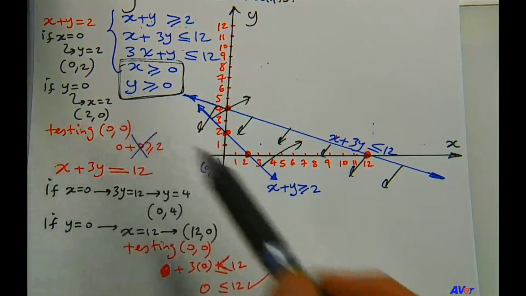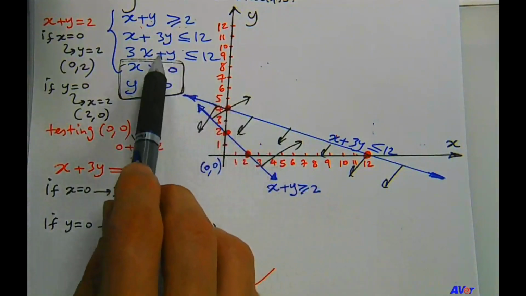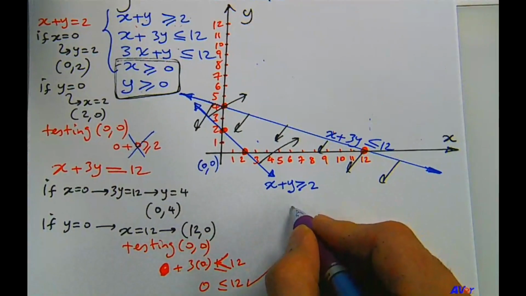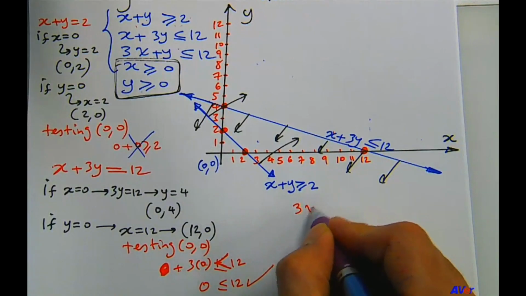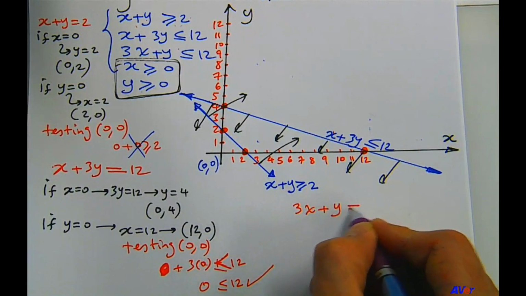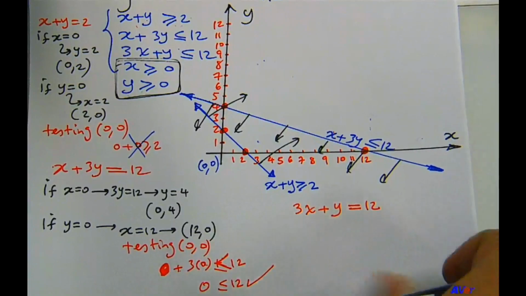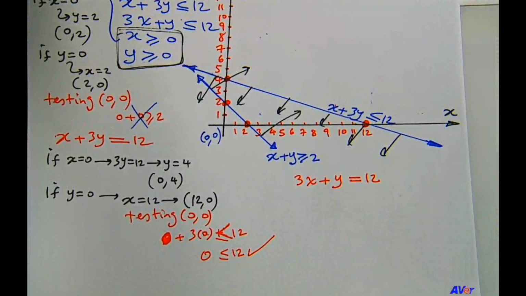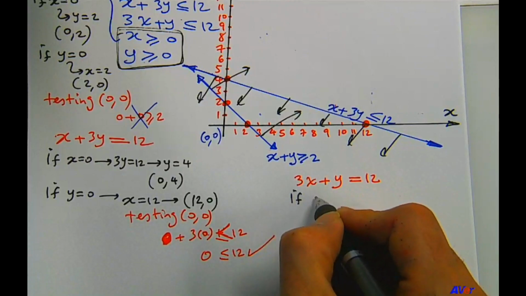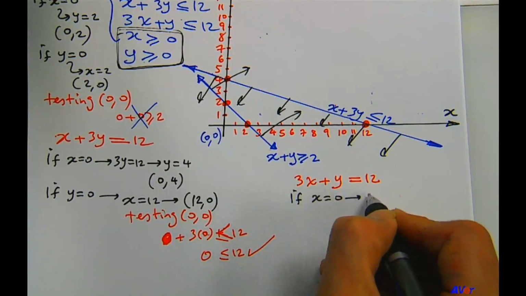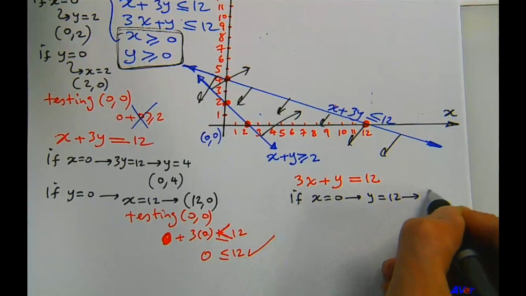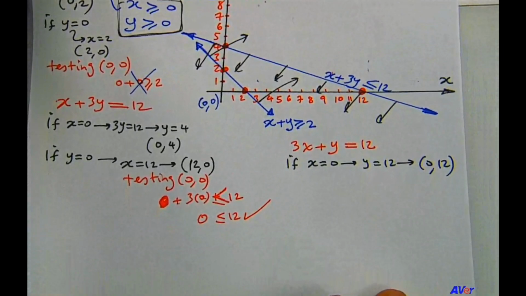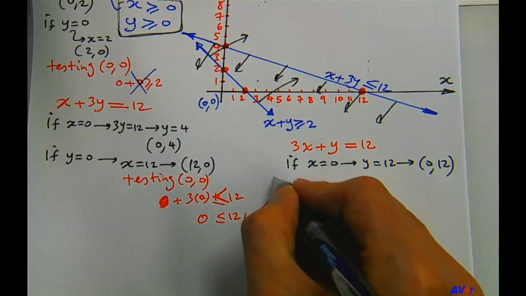Okay, so we have a third inequality. Let me write that here. It is 3x plus y less than or equal to 12. Let's find this boundary line. If x equals 0, then y equals 12, so we have (0, 12) as the y-intercept.